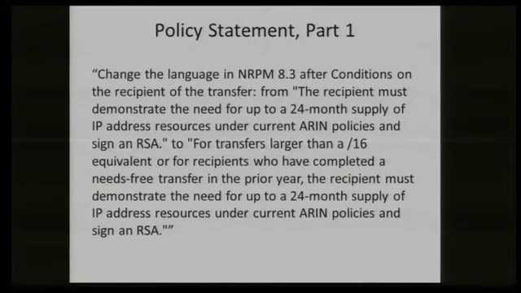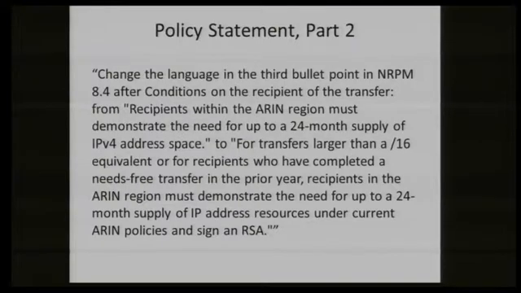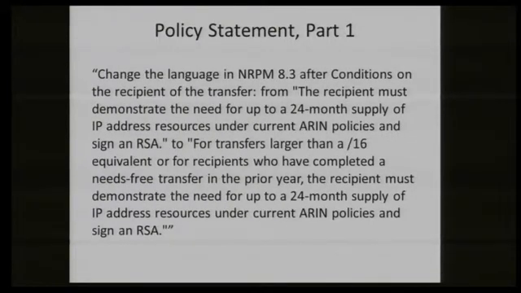We've got two changes proposed that are nearly identical, a change to NRPM 8.3 and one for 8.4. We've tried to make the wording as nearly identical as possible to eliminate as much confusion as we can. So this text is in your books, and I'm not going to read it.